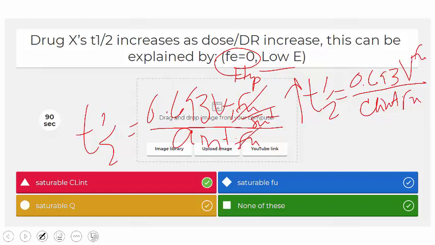So these two are going to fall out in importance, not because they're not important, but because they affect both volume and clearance to the same extent. So a drug's increase in half-life could either be due to a decrease in intrinsic clearance.